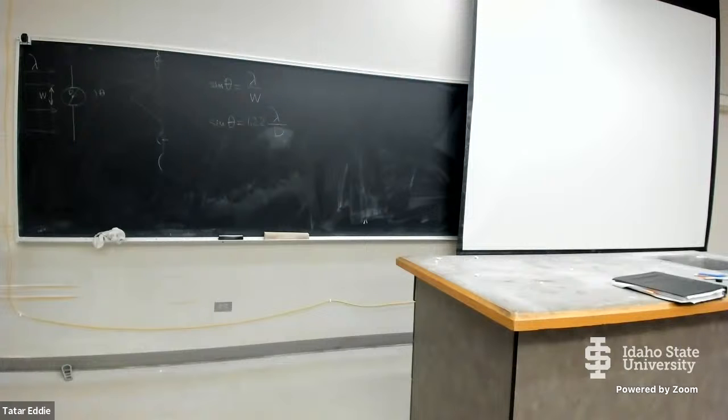This 1.22 comes from the fact that instead of having a rectangular slit that we analyzed already, you have a circular opening.